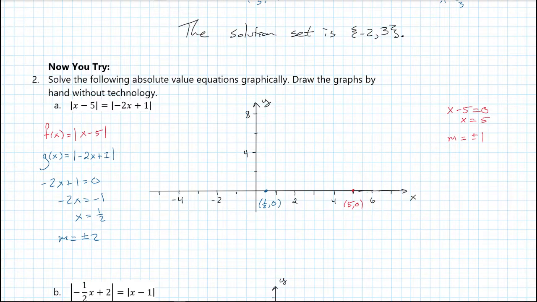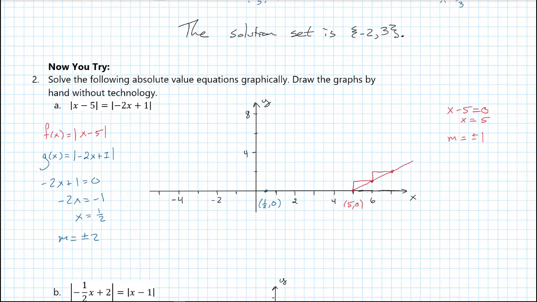If I go from 5, 0 for the function f of x, up 1 over 1 for a slope of 1 is going to look like it has a slope of 1/2 because of the difference in scale. The x scale goes 1 every 2 grid lines, while the y scale goes 1 every single grid line. So I'm going up 1 over 1, then up 1 over 1, and so on.